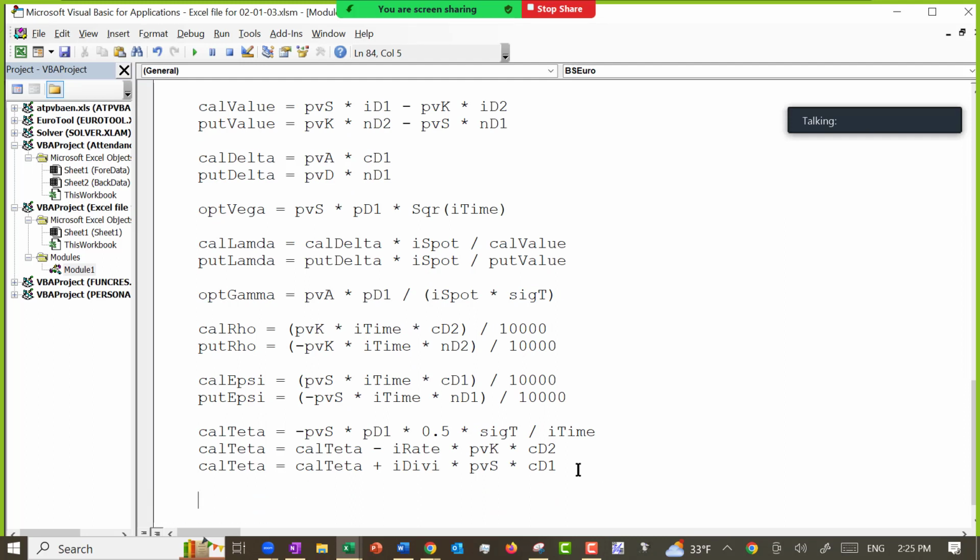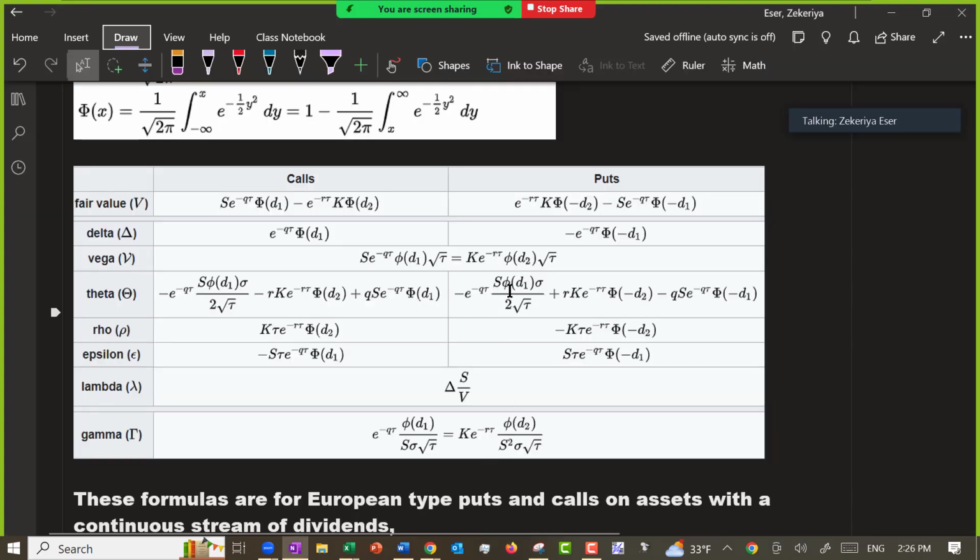Negative. Actually, that part is the same, right? Oh, the only thing that's different, let me check. Yeah, that part is the same. We use negative D2 and negative D1.